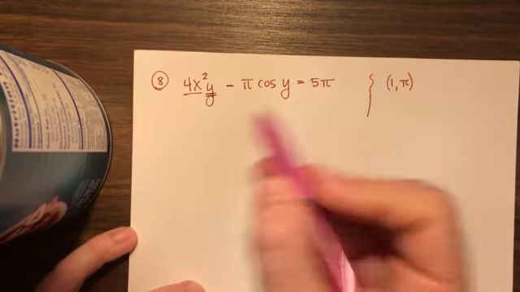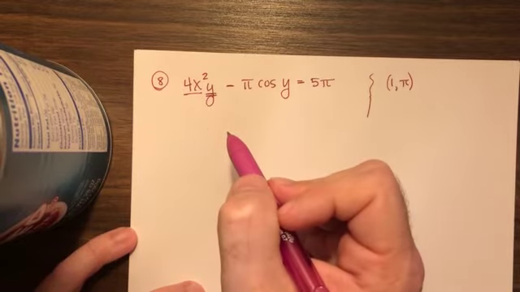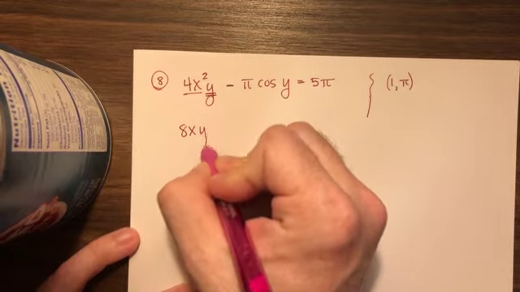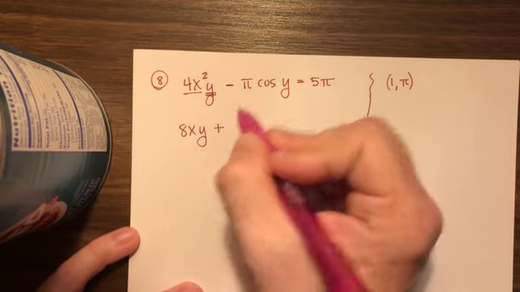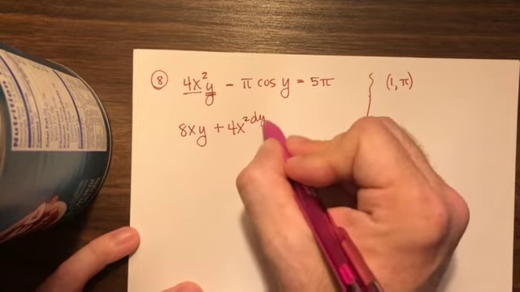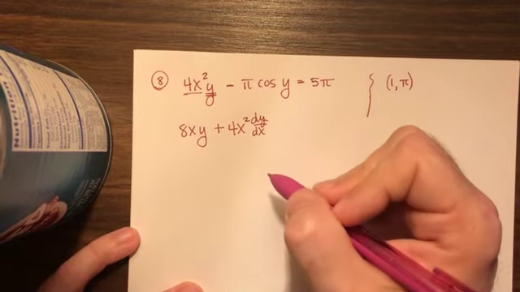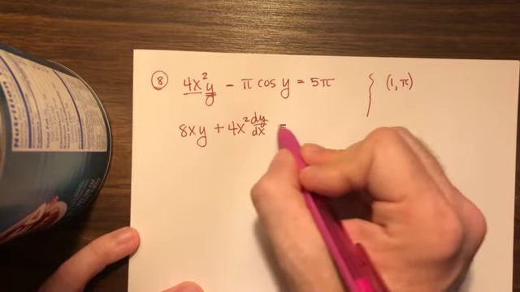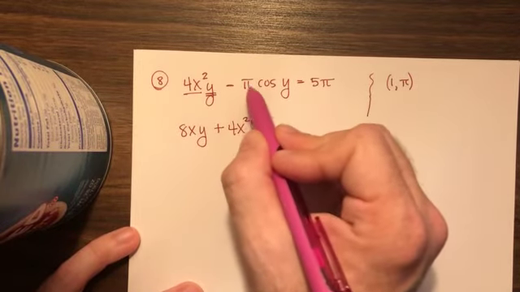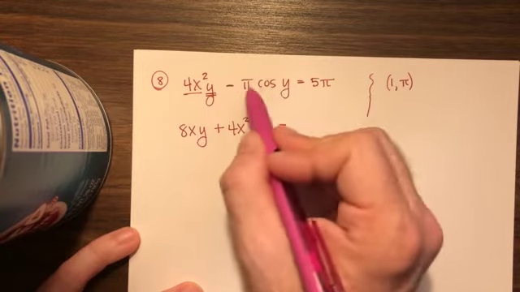Okay. This is product rule. Hopefully you recognized it. And we're going to do the derivative and then not the derivative plus not the derivative times the derivative, which is dy dx. All right? And then over here, this is not product rule because pi is a number, remember? And a number in front of a trig function doesn't mean product rule.